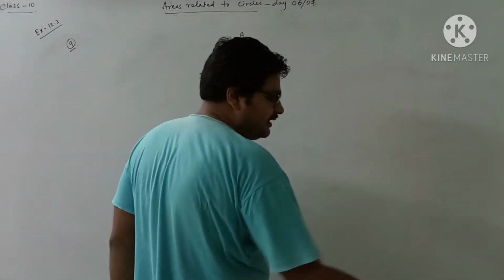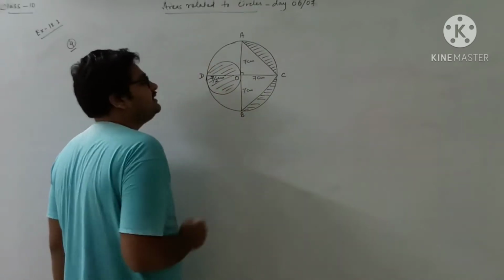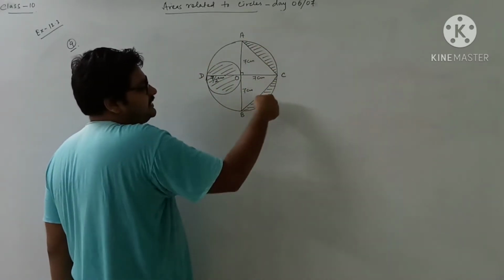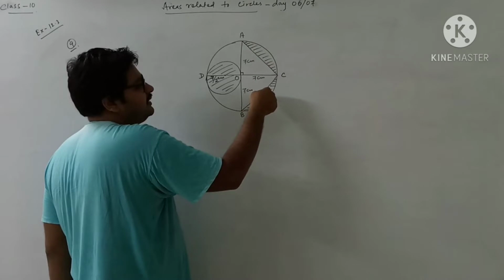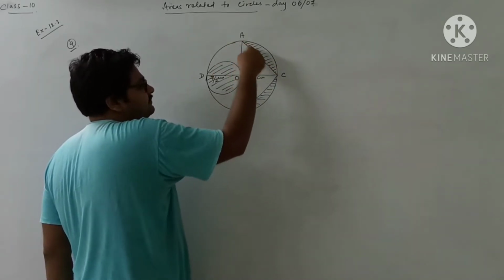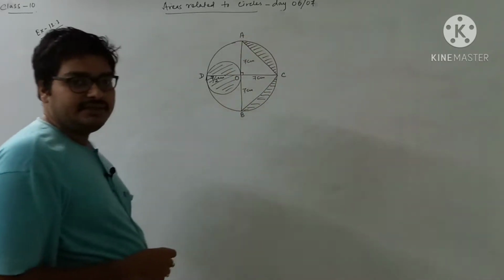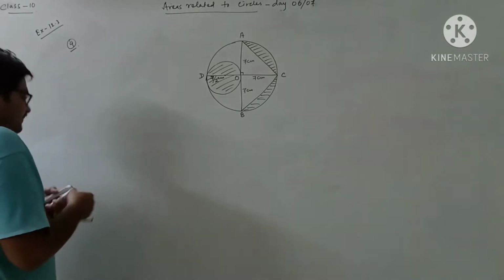Okay. We have to find out the area of the shaded region. So very easy. That means I have to find out the area of this region plus the area of the circular region. Now the area of this region, I can find out by subtracting the area of this triangle from this semicircle. Correct? Directly you do the work.